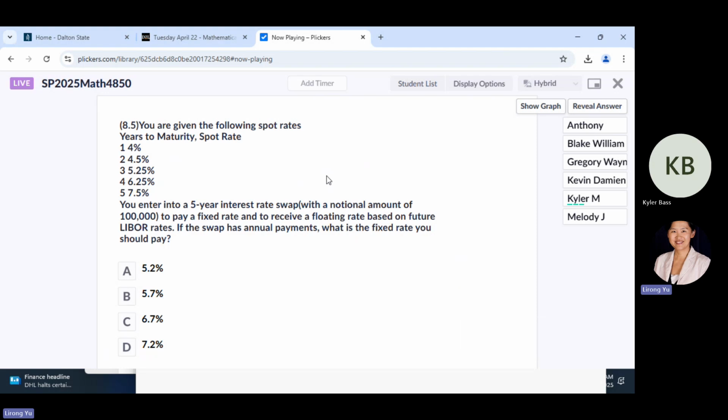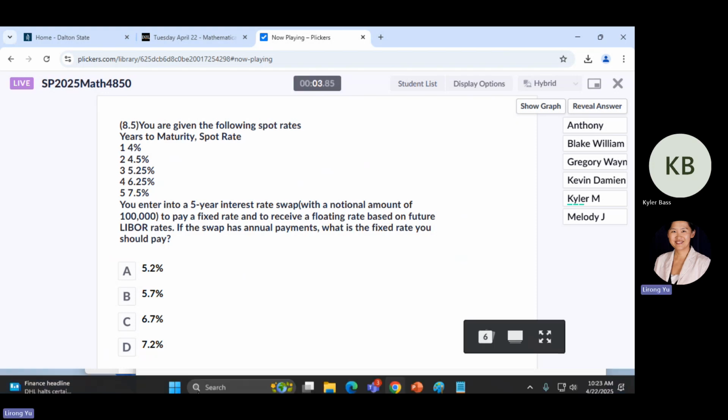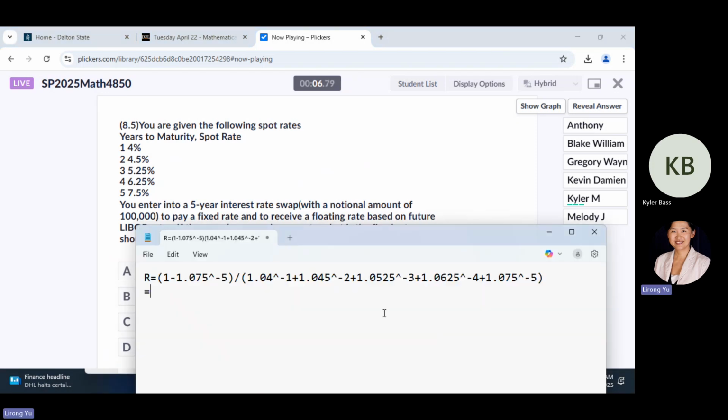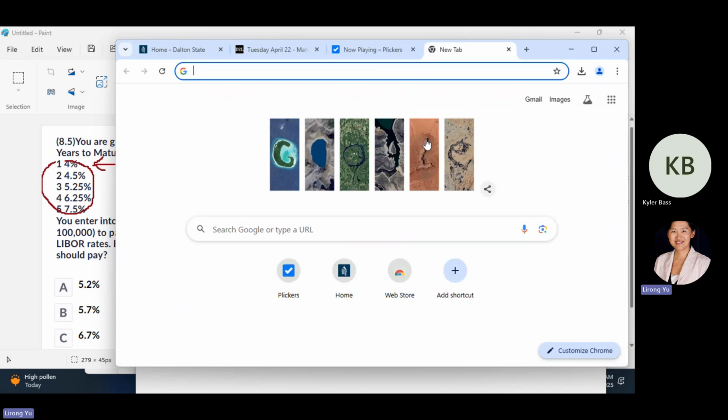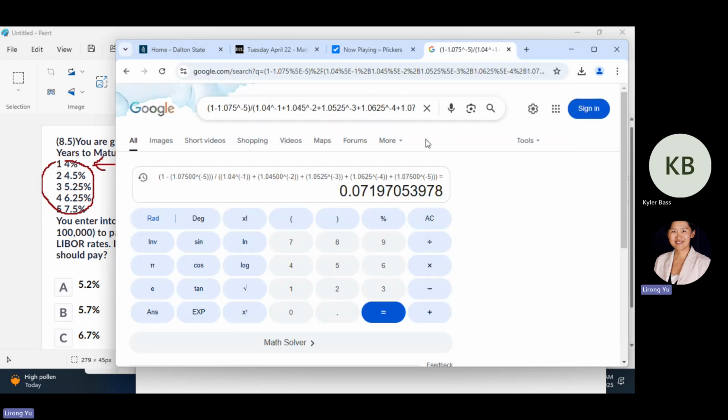So we need to learn to handle it without relying on a program. Now do your calculation: 1 minus P5 divided by the summation of P1, P2, P3, P4, P5 gives you the interest rate. I already have the formula in the calculator.